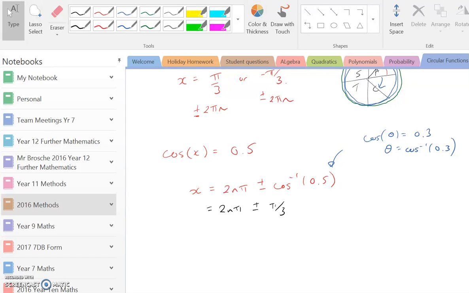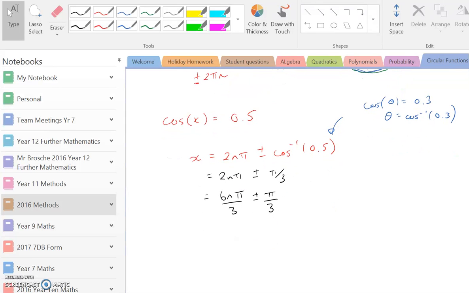And then we might have to create a common denominator. So I could rewrite this by multiplying the top and bottom by 3 as 6n pi on 3 plus or minus pi on 3.